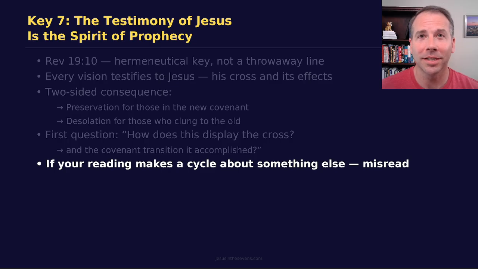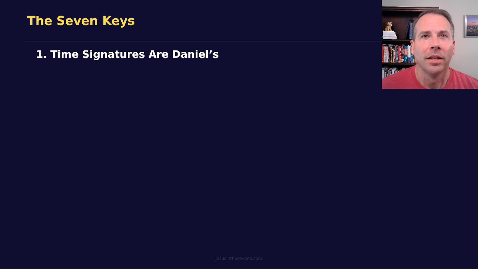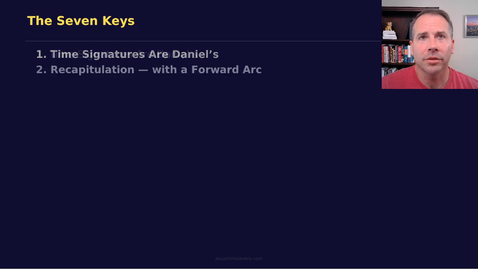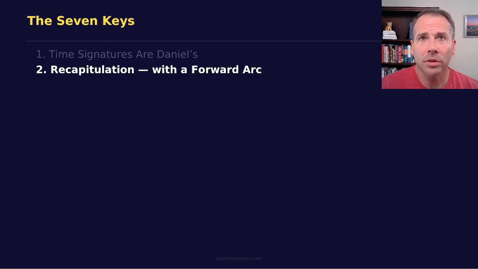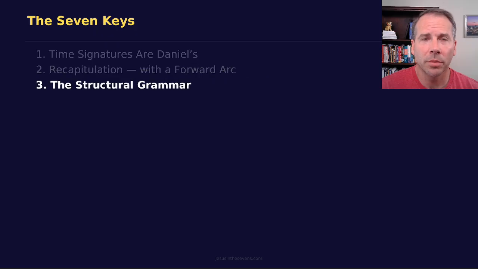So you want to go back to the beginning, read it again, keeping these keys in mind, and see where that has you land. So in summary, we got these keys. Time signatures, they're Daniel's. That's going to be helpful. We see that it recapitulates, but there's also a forward arc, forward movement throughout the whole book while recapitulating.